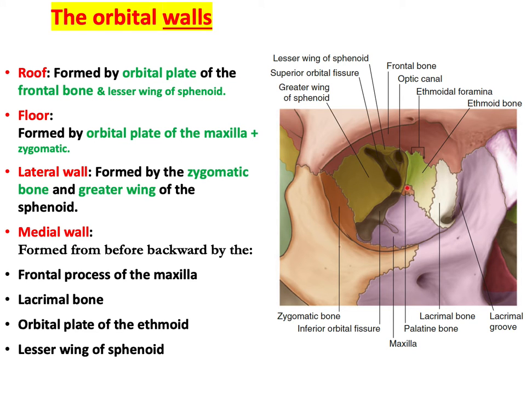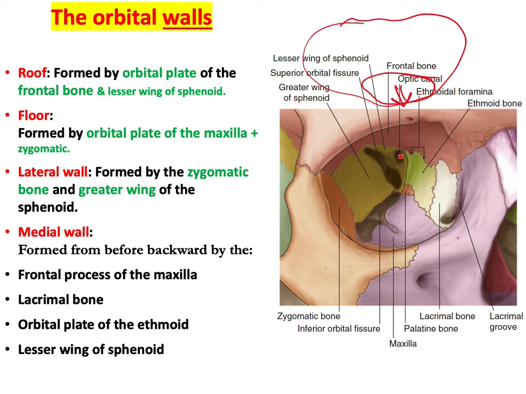Now that was the margin, but what about the walls? The walls of the orbit, as I mentioned, which is like a room, has a roof, a floor, and of course lateral and medial walls. So let's start with the roof. I think you remember that we have a brain located here, in which the frontal lobe of the brain sits on the frontal bone.